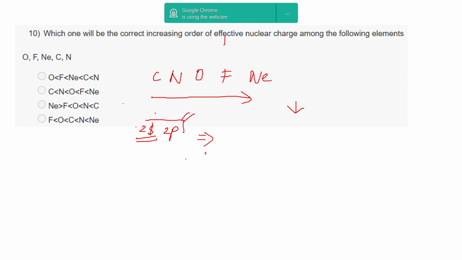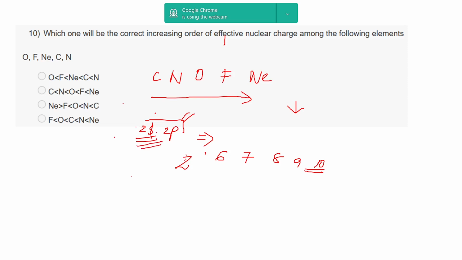Because of that the size is not increasing, but what happens is the nuclear charge is increasing. Carbon's nuclear charge is 6, then 7 for nitrogen, and so on, 8, 9, and 10. So neon will have the highest atomic number, right?